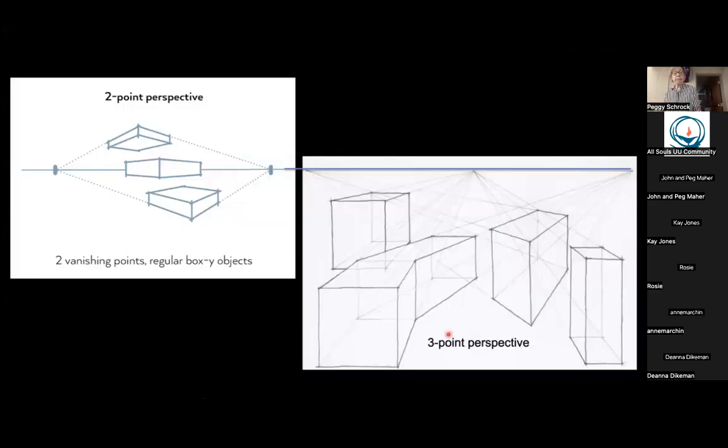And I brought in some examples. This is an example of 2-point perspective. So these little boxes, rather than being straight on and straight back, are skewed at an angle. So you need 2 vanishing points on the same horizon line. And in fact, if you depict something above the horizon line, that creates the illusion you're looking up at it.